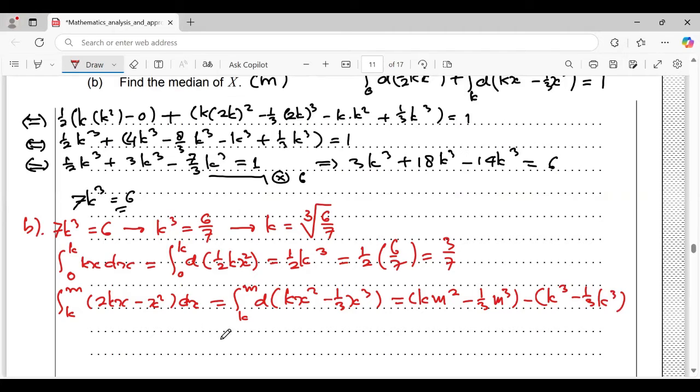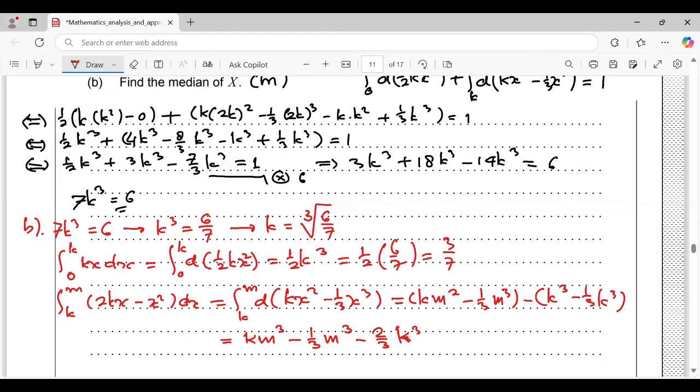And it becomes km cubed minus 1 over 3 m cubed minus 2 over 3 k cubed. Yep.